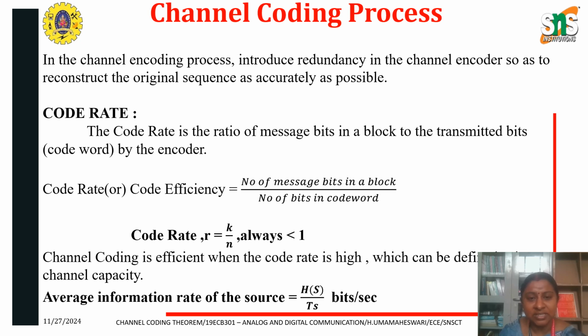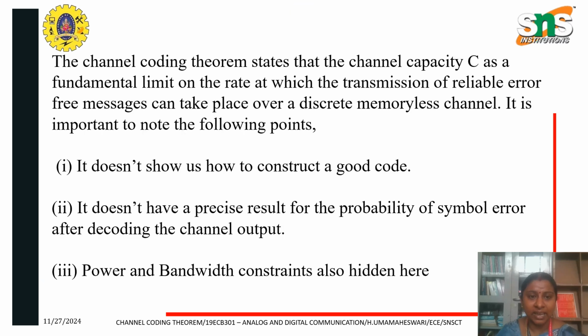It is also called code efficiency, which is equal to the number of message bits in a block by the number of bits in a code word. Code rate R is equal to k by n, which is always less than 1. So channel coding is efficient when the code rate is high, and the average information rate of the source is equal to H of S by Ts bits per second.